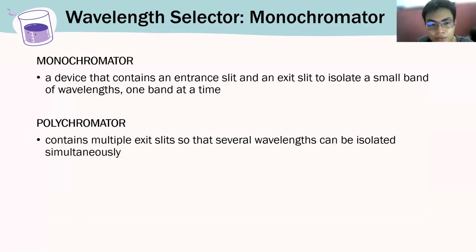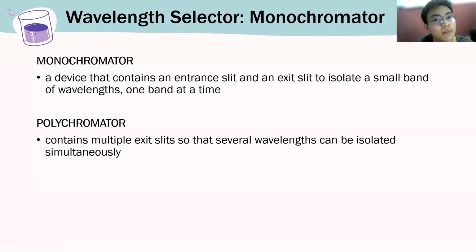Okay. Now, sunod tayo sa next part. After the light source, you have the monochromator. Okay. So, may dalawang terms. May monochromator, may polychromator. Well, pag sinabi mono, ibig sabihin, it will allow one wavelength to pass through. Pero kapag polychromator, it can pass through multiple wavelengths of light.